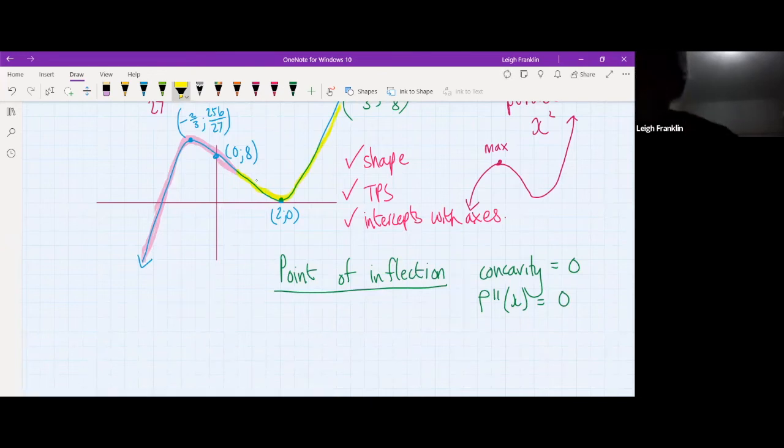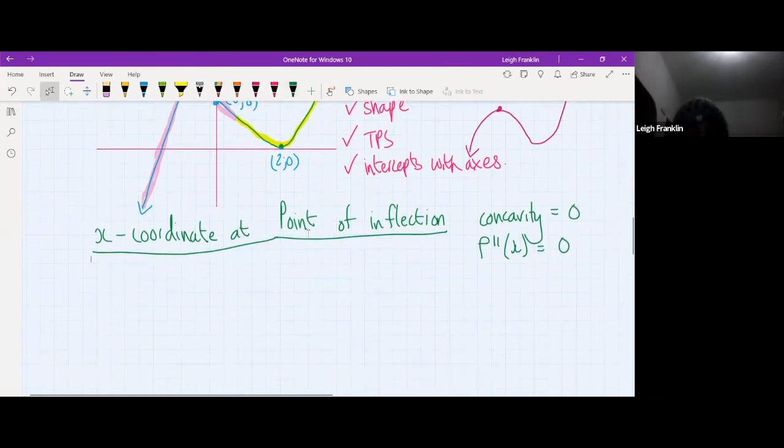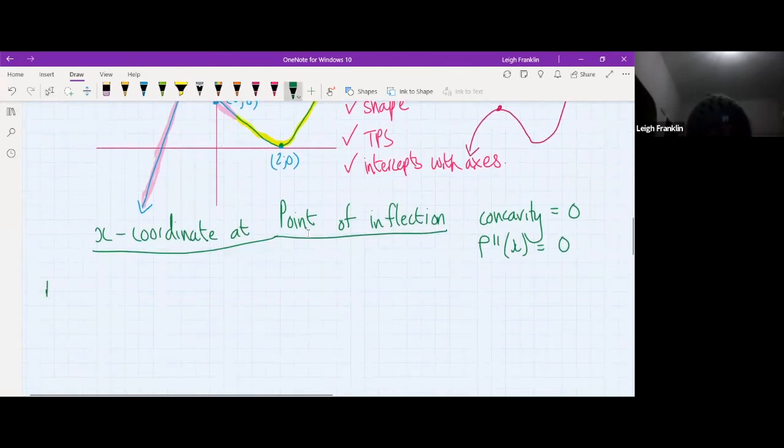That's where it changes from concave down to concave up, or concave up to concave down. There are two ways that you can calculate the x coordinate at the point of inflection. The first way is, as I've mentioned over here, to use the second derivative.